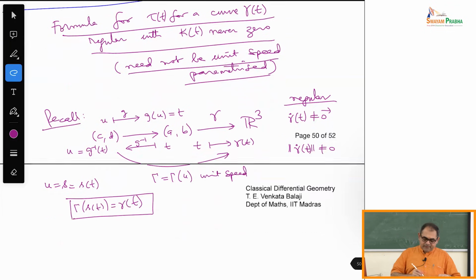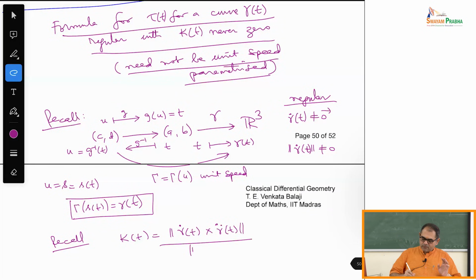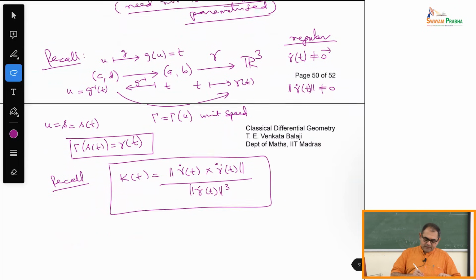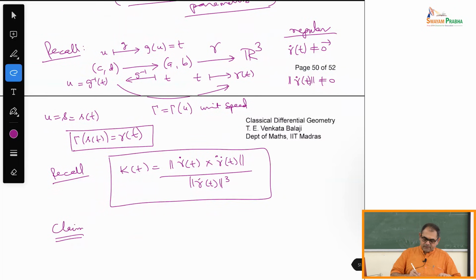All right, and recall that the magnitude of the curvature at t is given by norm gamma dot of t cross gamma double dot of t, divided by norm gamma dot of t the whole cube. We have already seen this, right? We derived this. Now the claim is the following: the torsion is given by the following formula.